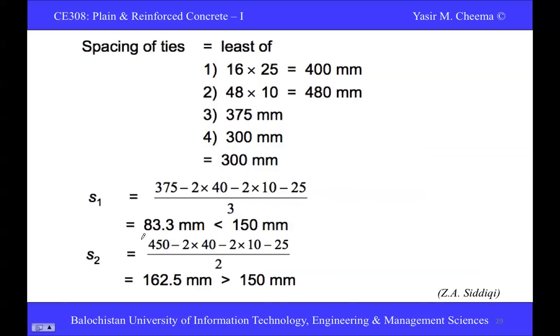Similarly, we find the spacing for the other side, and here you see it is divided by 2, not by 3, because here we are providing 2 spans. So this is greater than 162.5 mm. I have to check whether it should be greater than 162 mm or less than 150 mm.